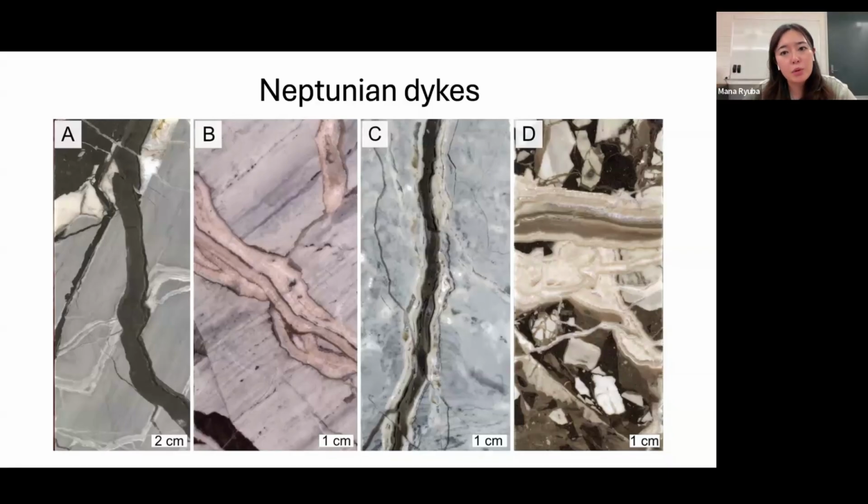What's probably happening, based on work by people in the Jurassic Tethys Rift area, is that these Neptunian dykes are called injection dykes. Essentially, things are almost sucked into these fractures. Oh, cool. Nice.